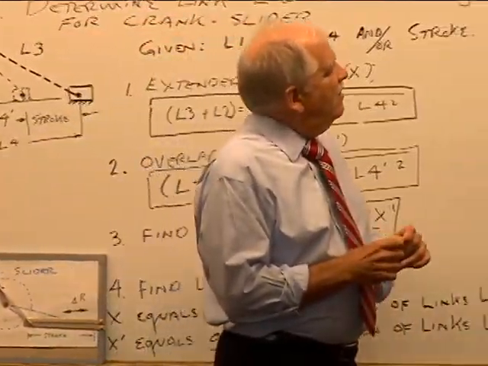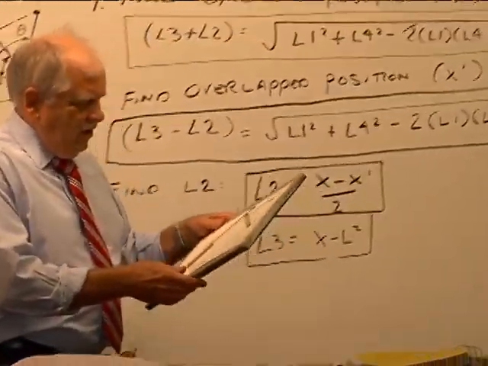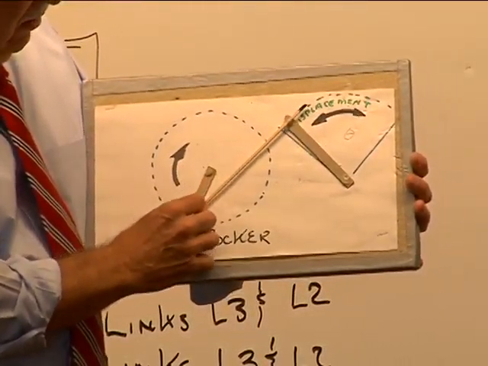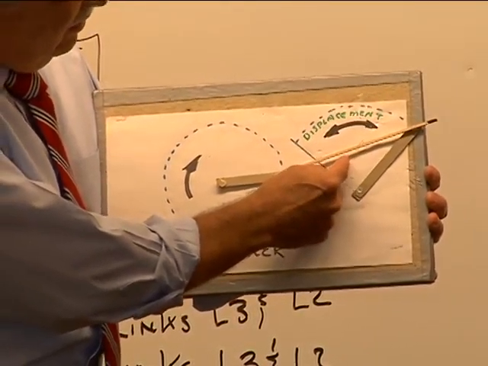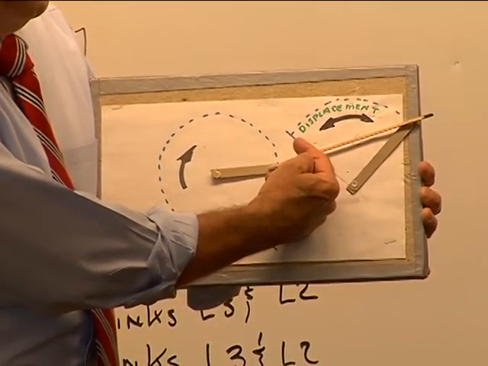Now to continue, the other example that we have is the crank rocker. In this situation, the last time we were here, we discovered what the displacement of the rocker was.